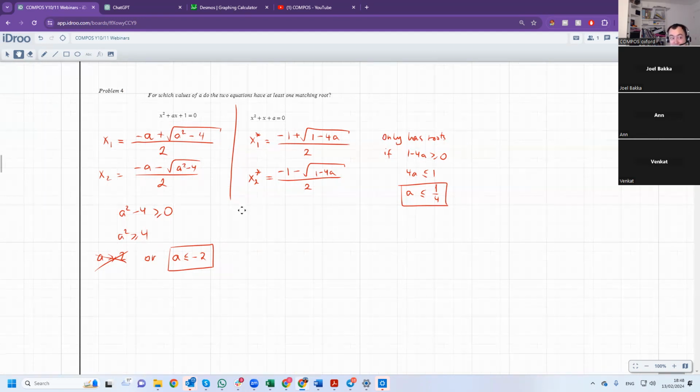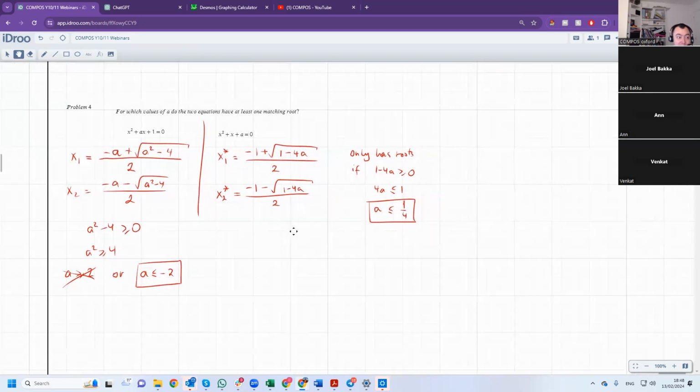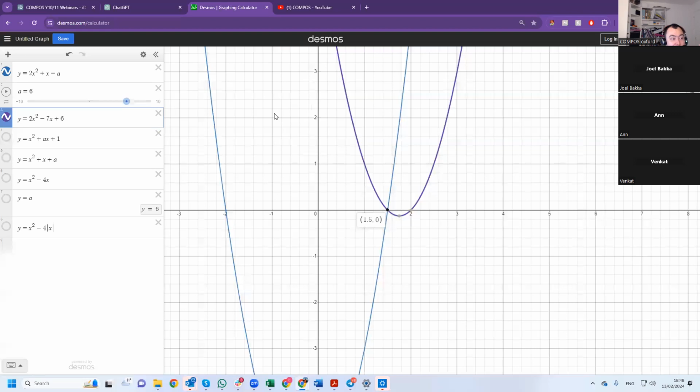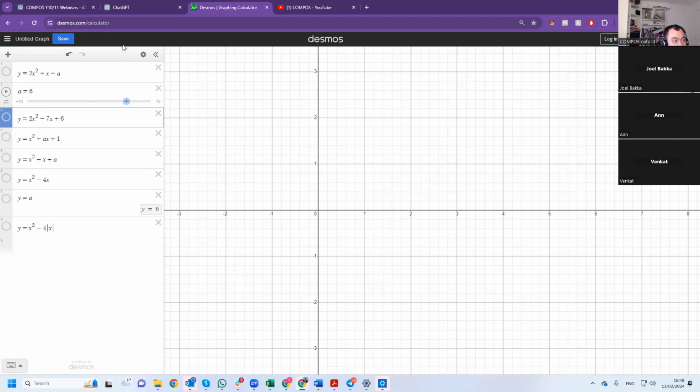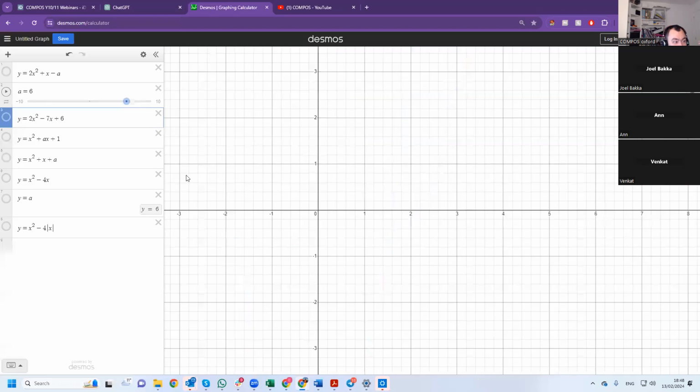That's why the algebraic method isn't really suitable here, whereas the graphical method is way more simple. All you need to do is draw the two graphs and see what happens to them as a changes. So let's start with the first graph, x squared plus ax plus 1. Here it is.